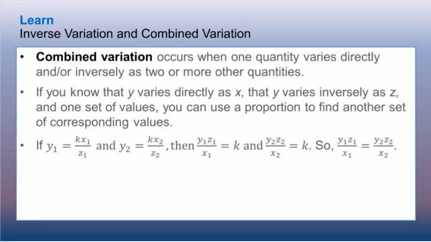So, some formulas: if y1 equals k times x1 divided by z1 and y2 equals k times x2 divided by z2, then you can write it as y1 z1 divided by x1 equals the constant, and y2 z2 divided by x2 equals the constant. So if they both equal the constant, then you have y1 z1 divided by x1 equals y2 z2 divided by x2.